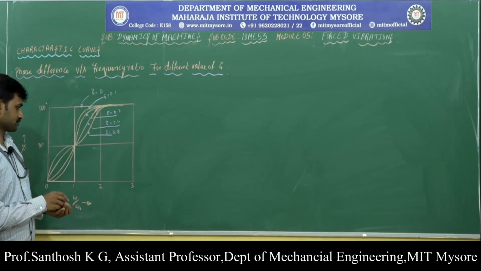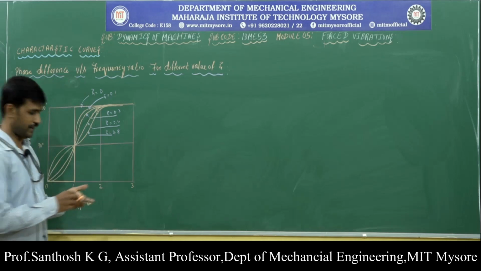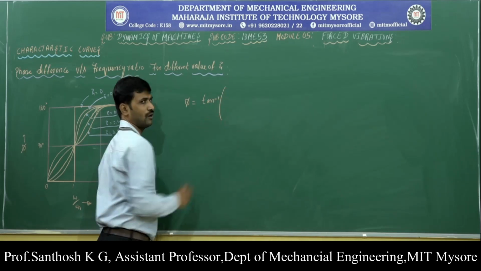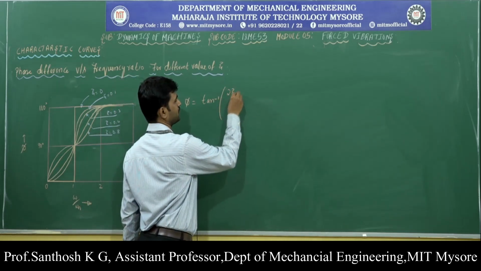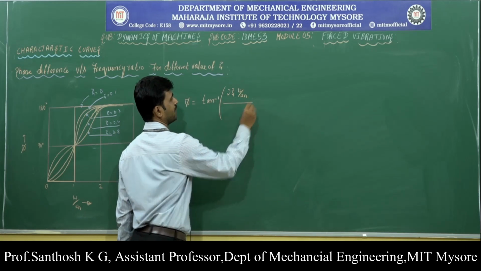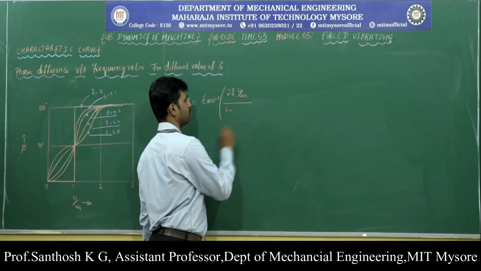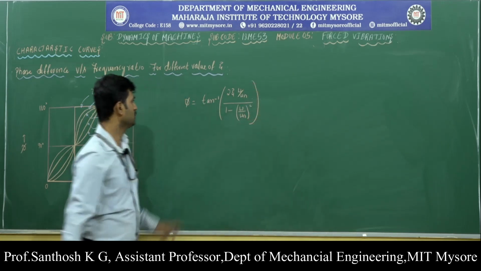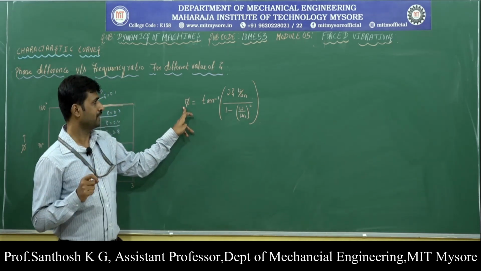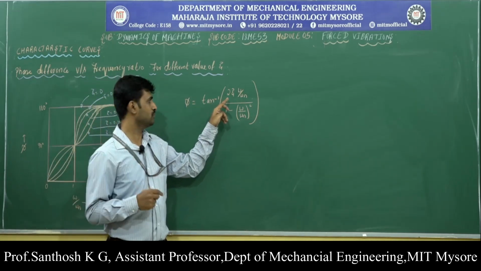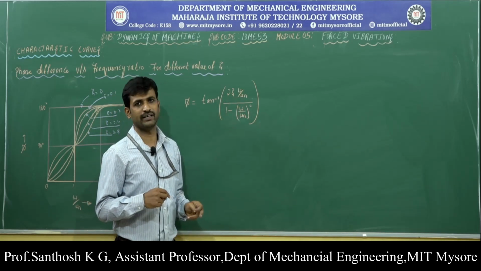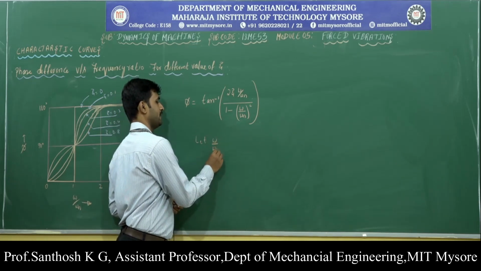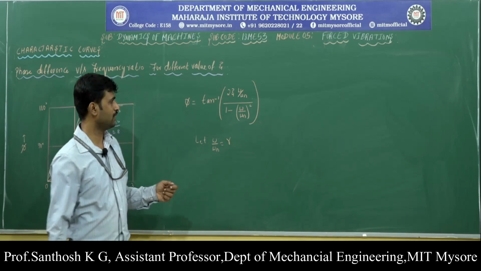We know that the phase difference phi is given by tan inverse of (2 zeta omega by omega n) divided by (1 minus (omega by omega n) square). Here the phase difference phi mainly depends on two terms, zeta and omega by omega n. Let us denote omega by omega n by the term r.